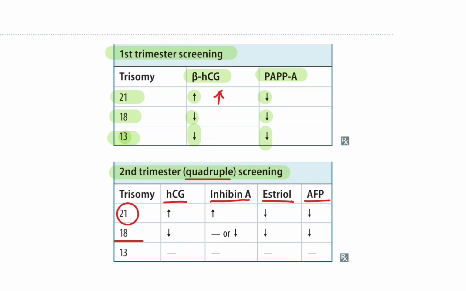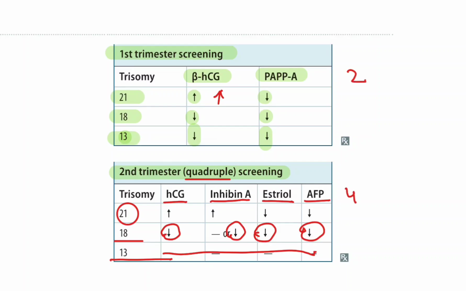In Edwards syndrome, hCG, inhibin A, estriol and AFP are all decreased. In Patau syndrome, these four levels are normal. So we can test these during pregnancy, in the first trimester and with the quadruple screening in the second trimester.